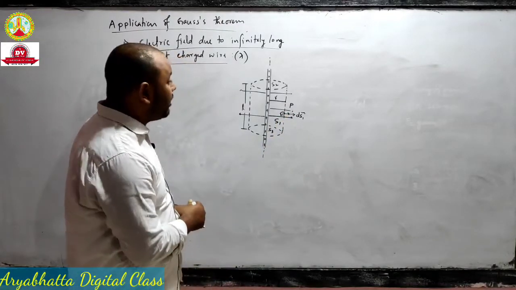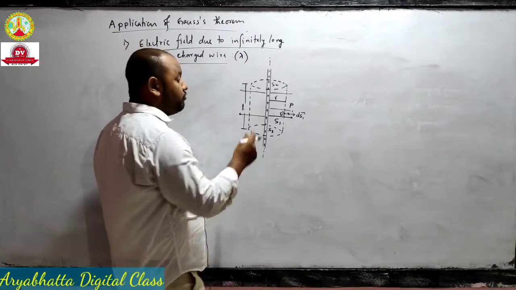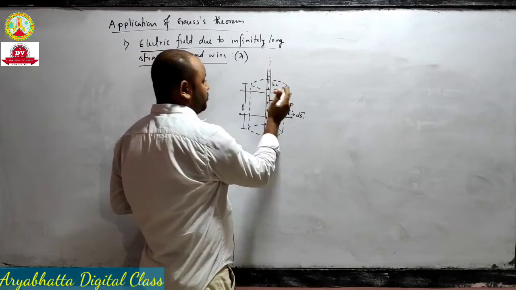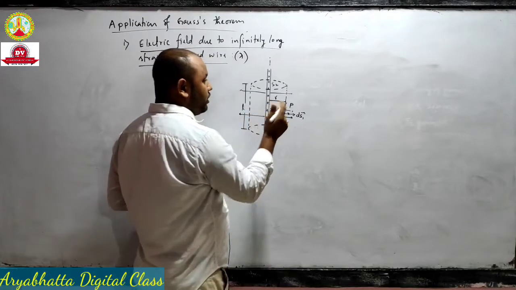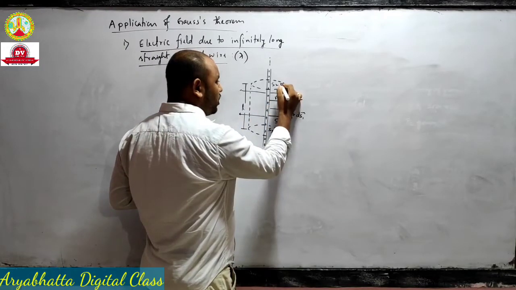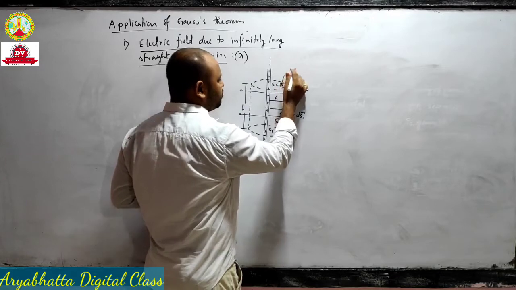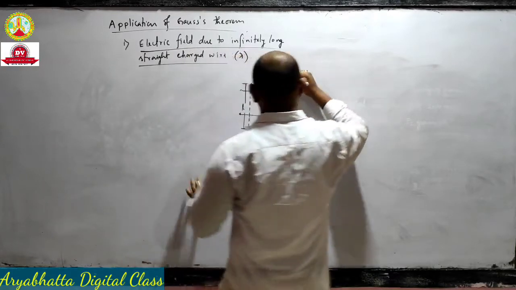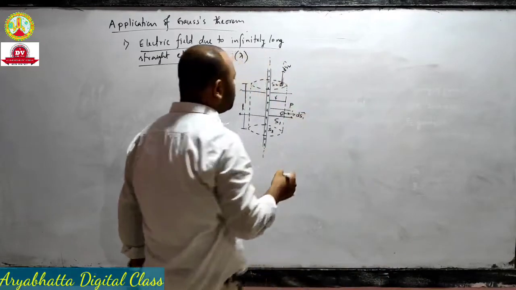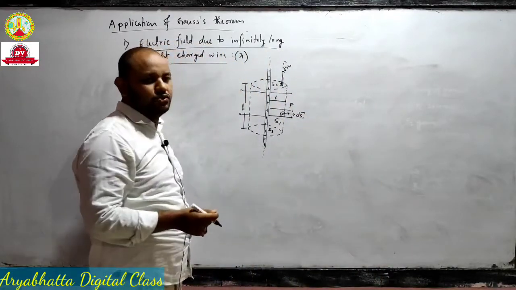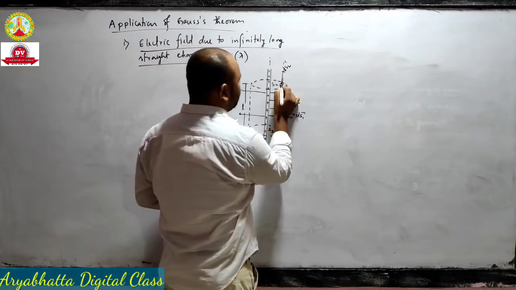If you see the upper flat surface, no field lines will cross through it. If you consider a small area element ds2, this is the direction of the electric field lines.